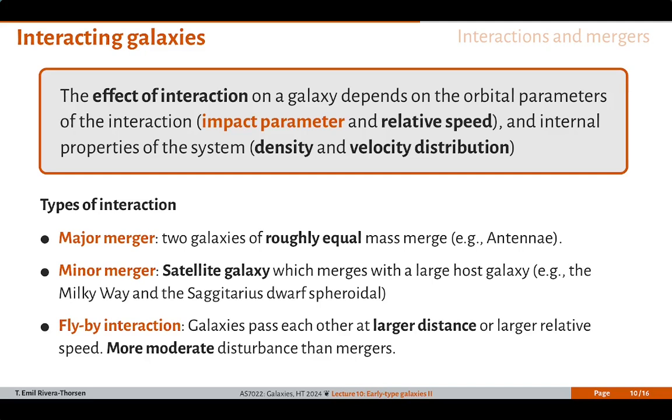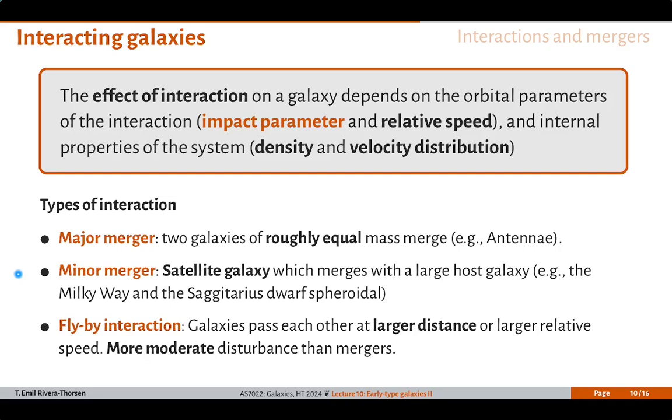There are three major classes of interaction. The first one we will look at is what we call major mergers. These are when two galaxies of roughly equal mass are merging, for example, the Antennae galaxies that we have looked at before. Then there is a minor merger, that is when a satellite galaxy merges with a large host galaxy.